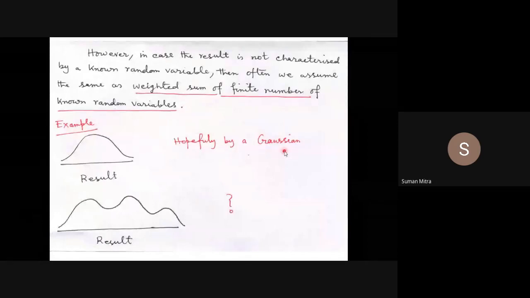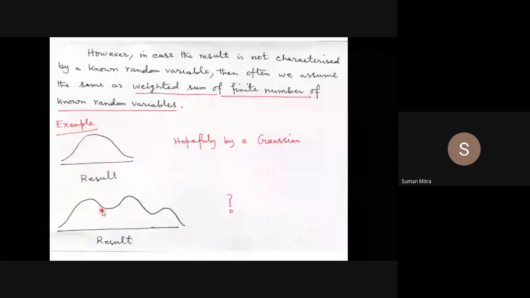Now, if another random experiment has a result or data like this, what do we say about the model of this one? In particular, we say the model of this data is a 3-component Gaussian, or a weighted sum of a finite number of known random variables. What are the known random variables?